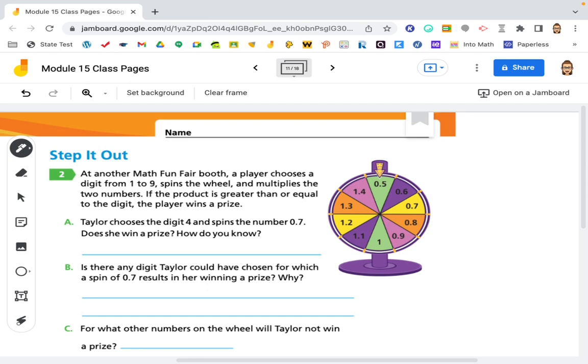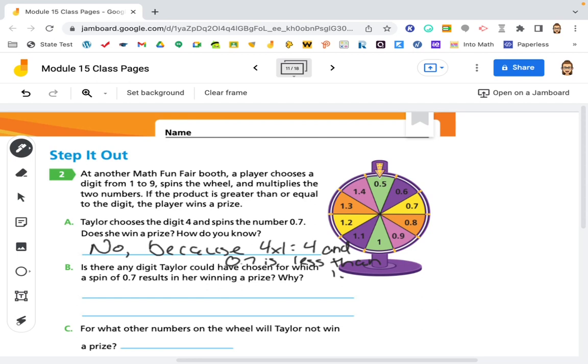It's going to be no, because she is multiplying by a number less than 1. So no, because 4 times 1 equals 4, and 7/10 is less than 1.